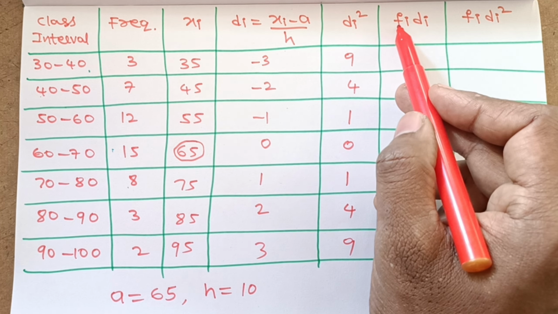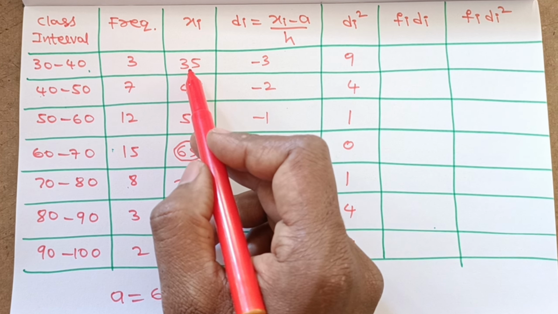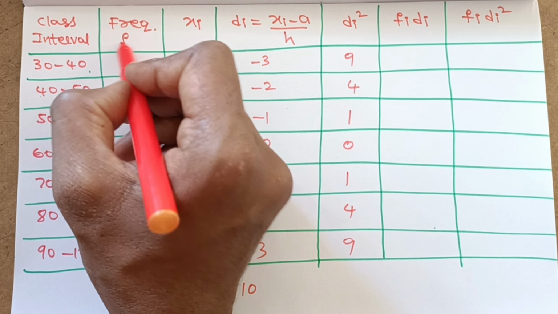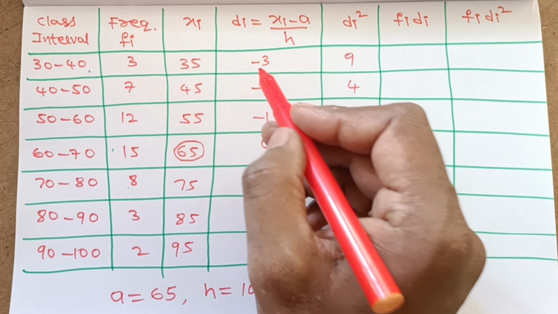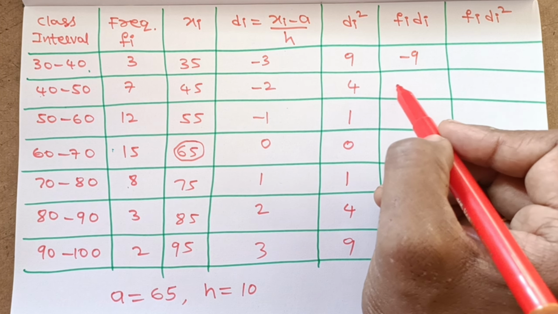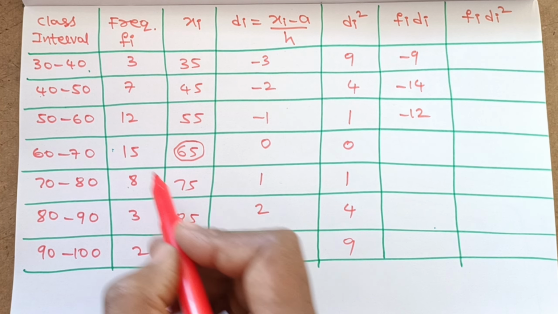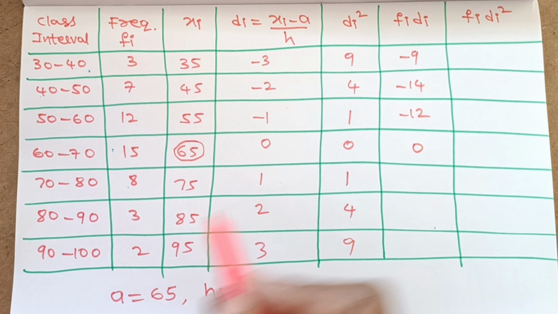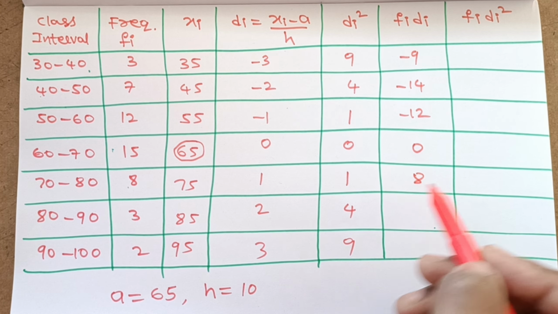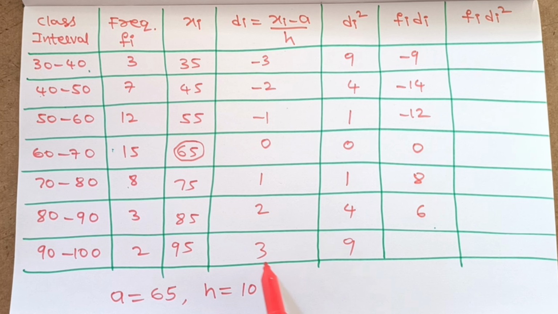Next, multiplying fi and di: 3 into minus 3 is minus 9, 7 into minus 2 is minus 14, 12 into minus 1 is minus 12, 15 into 0 is 0, 8 into 1 is 8, 3 into 2 is 6, 2 into 3 is 6.